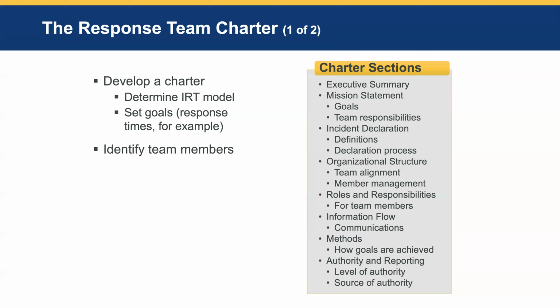And authority and reporting is describing the authority that the team has. This is going to be a section that defines the source of the incident response team's authority and who from upper management is the communication channel in working with the incident response team for specific regulatory requirements.